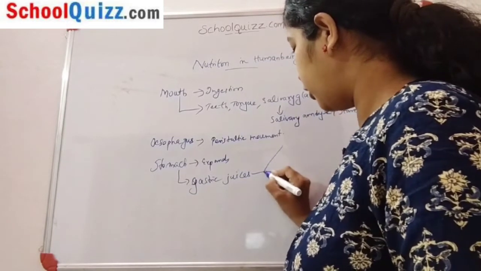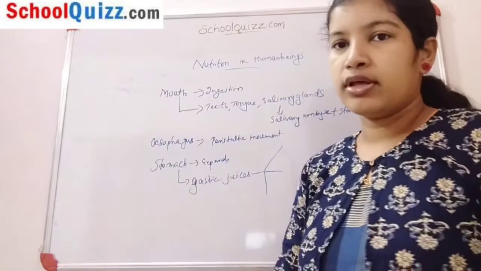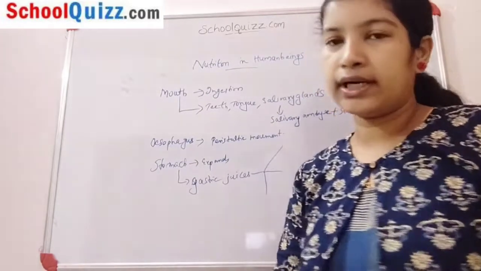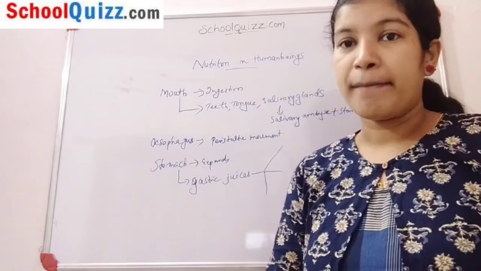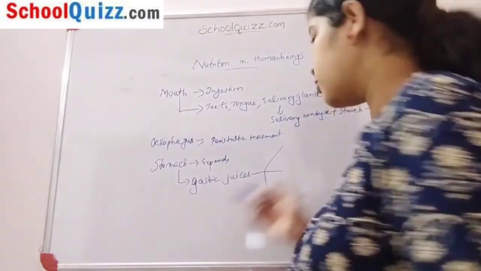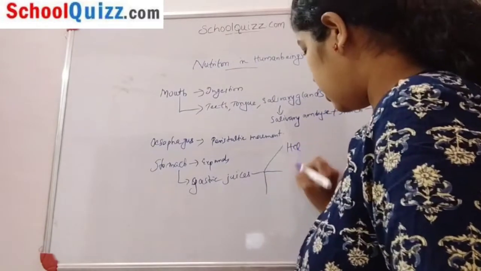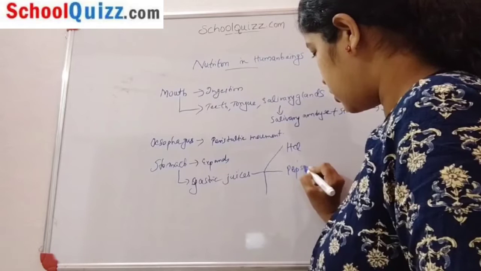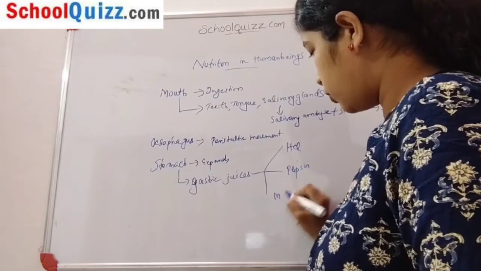What are the contents of gastric juice? It mainly has three contents: HCl, pepsin and mucus.